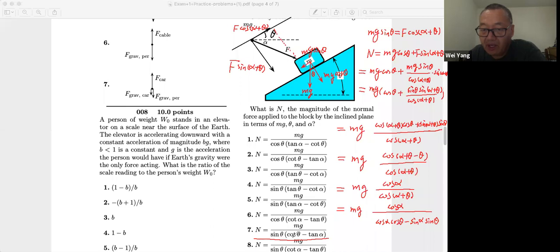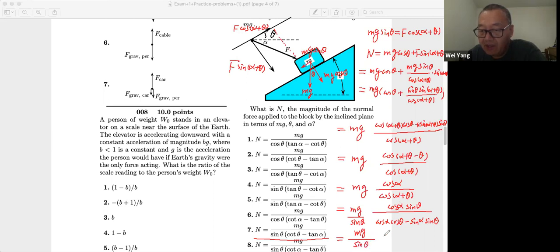To get cotangent theta, we need to divide by sine theta. So that means we can multiply by sine theta here. That means we need to divide by sine theta here to keep the equation unchanged. This way, we can write this one as mg over sine theta.